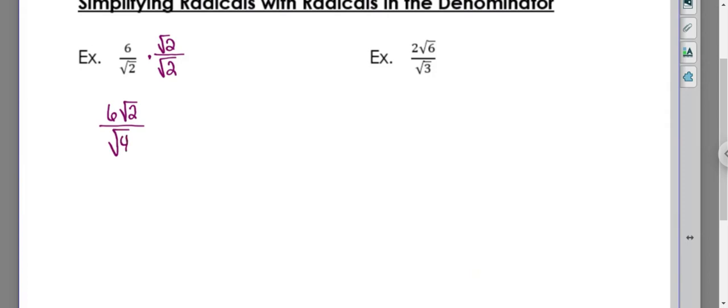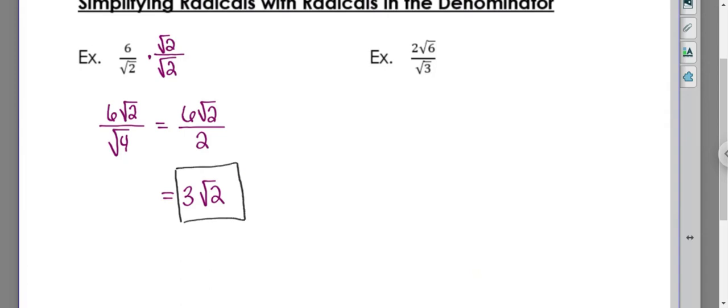And what is the square root of 4? 2. So now I have 6 root 2 over 2. No more radical in the denominator. But these two numbers outside the radical, 6 over 2 becomes 3. So 3 root 2.